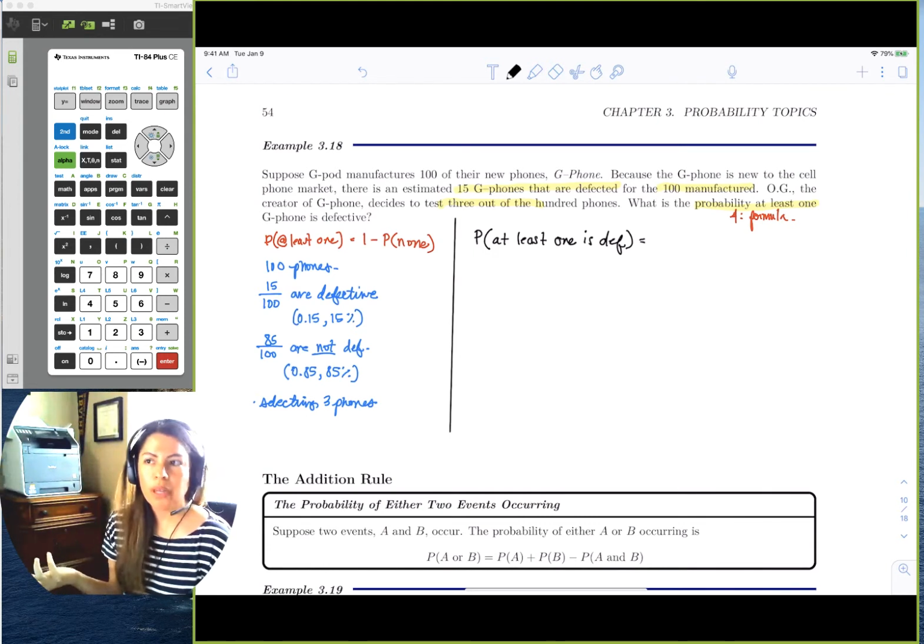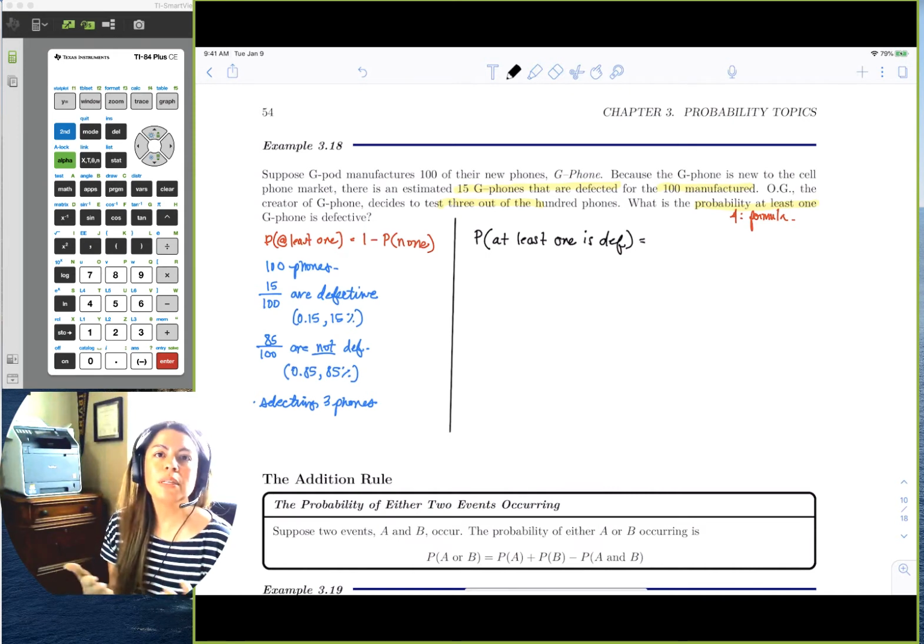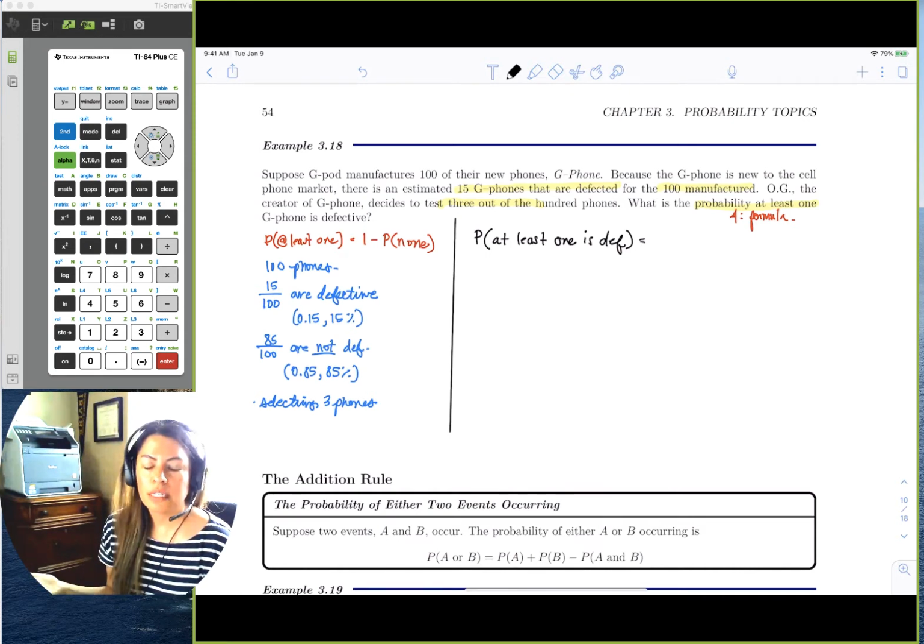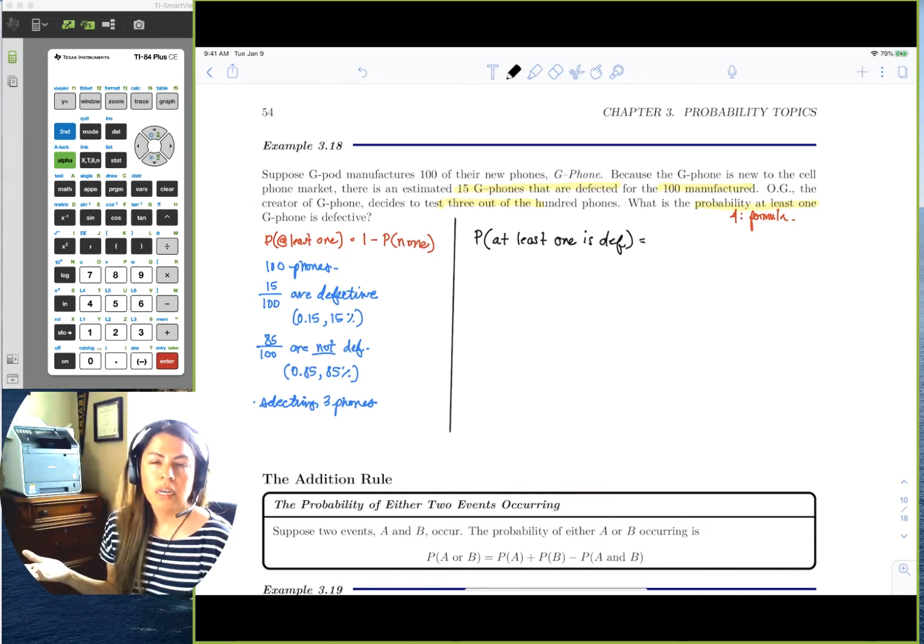Now let's think about it. If the assistant is running down to the factory and grabbing 3 phones, is the assistant taking one phone, running back up to OG, giving it to him, taking it from him, running back down 90 floors, and grabbing a second phone, running up? No, right? What happens when OG tells his assistant, go grab me 3 phones?